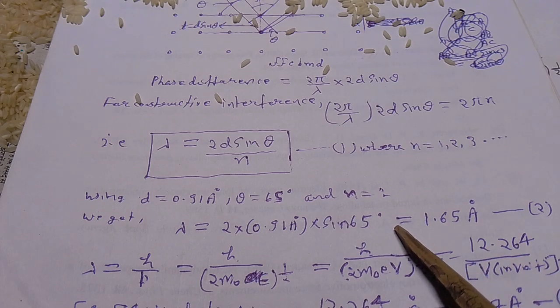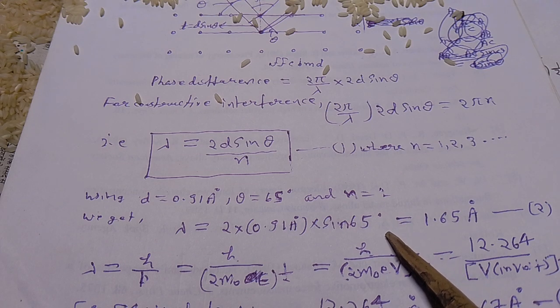Let us now compare this value of lambda with the corresponding value predicted by the de Broglie hypothesis.